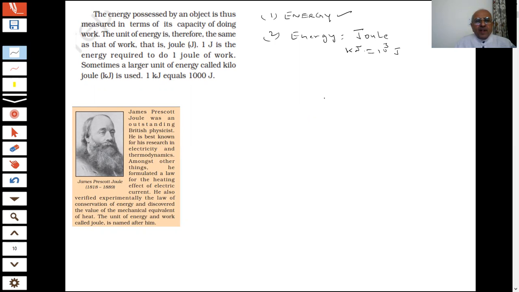And he experimentally verified the law of conservation of energy, that total energy is conserved, but it can transform from one form to another, student. The unit of energy and work is named to honor the great scientist Joule.